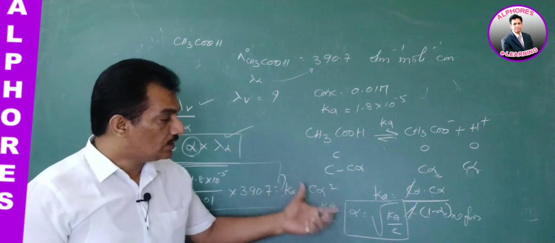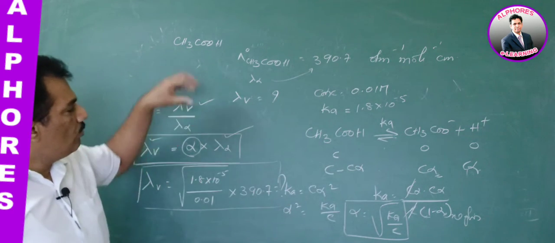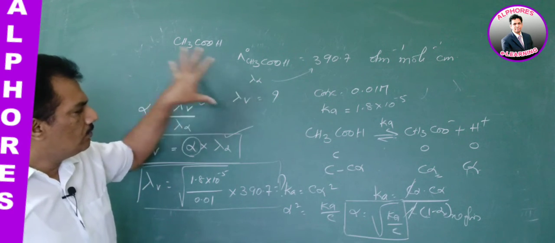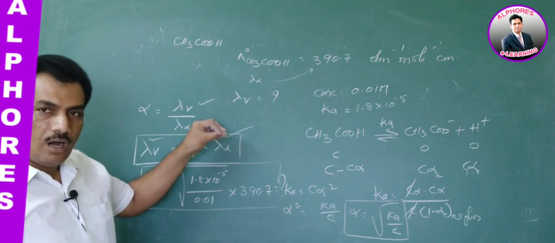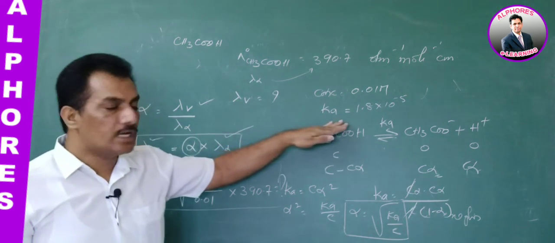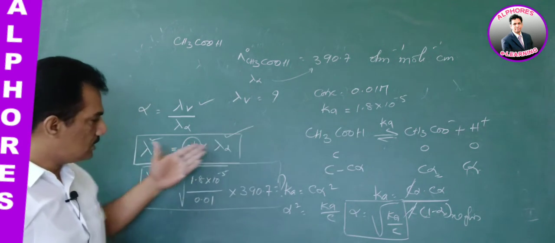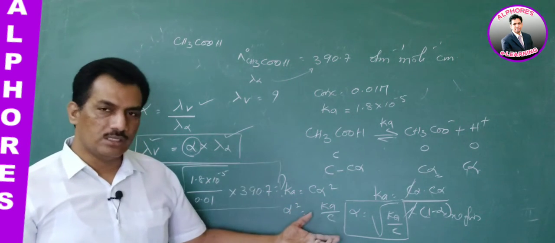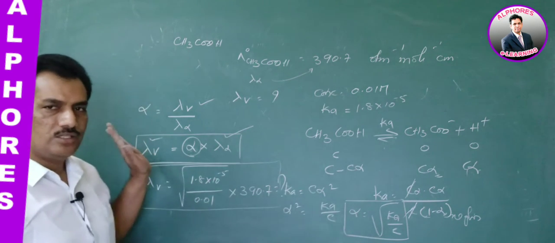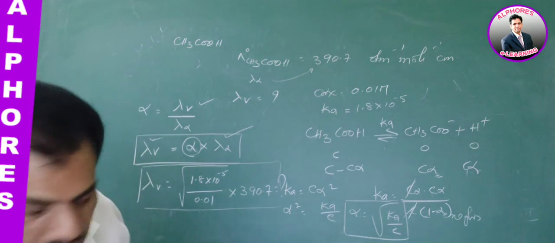Keenly observe how to compute the data from the given. First of all, see what they asked, what the formula is for that purpose, what they provide directly in that formula, and what we have to get indirectly from the given data. This is that model question. Actually it is time taking, but when you are thorough with this concept, you can directly solve it. Clear?